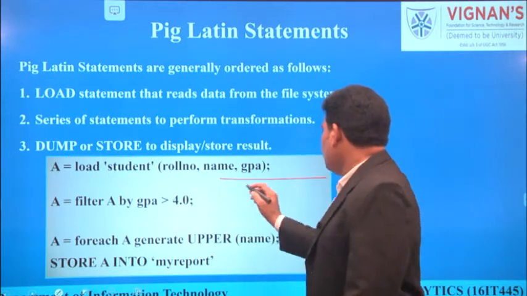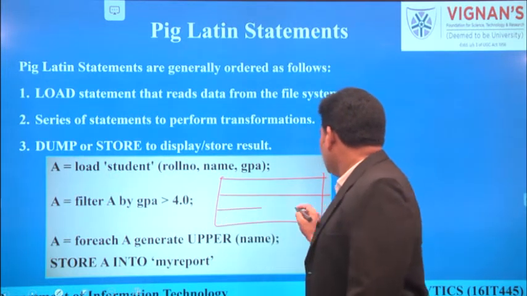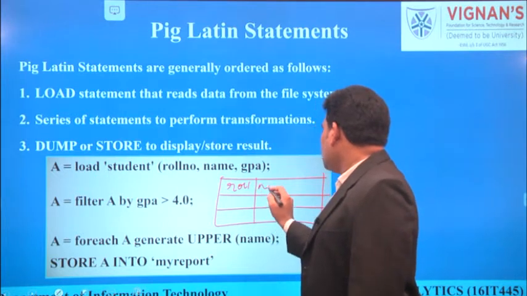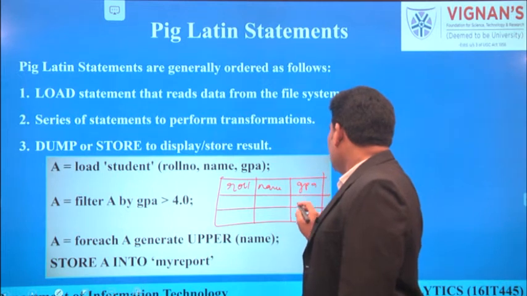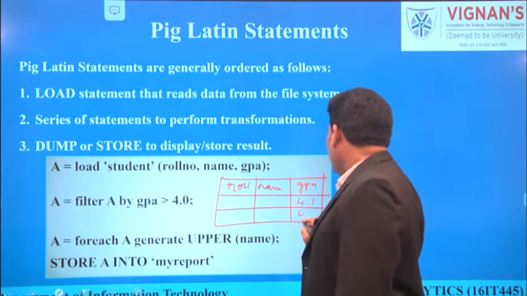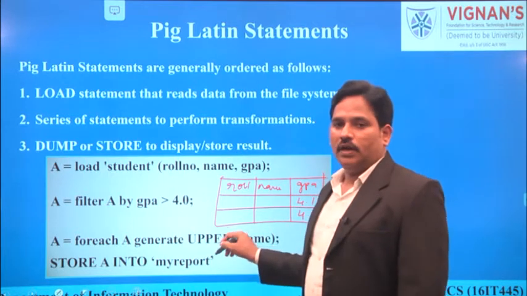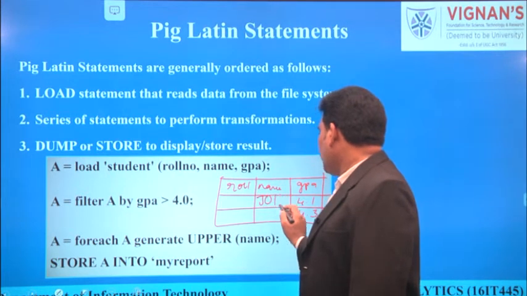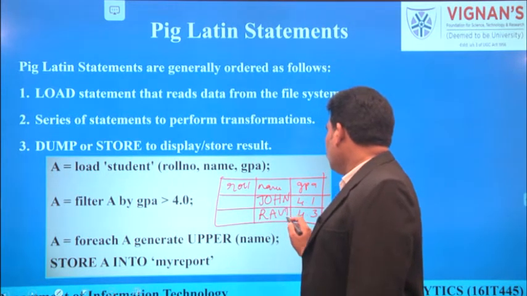Let us assume we are having these 2 records: roll number, name of the student and GPA. So here the GPA values are 4.1 and 4.3 as per our assumption. Here we applied a condition that the name should be in uppercase. So let us take the name of the student is John and another name of the student is Ravi.